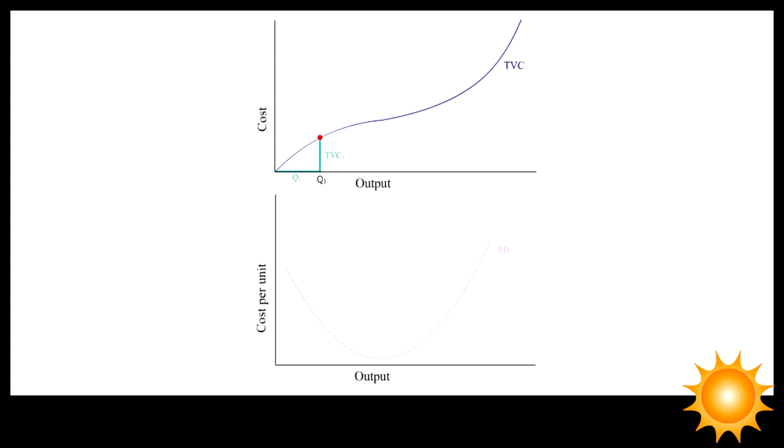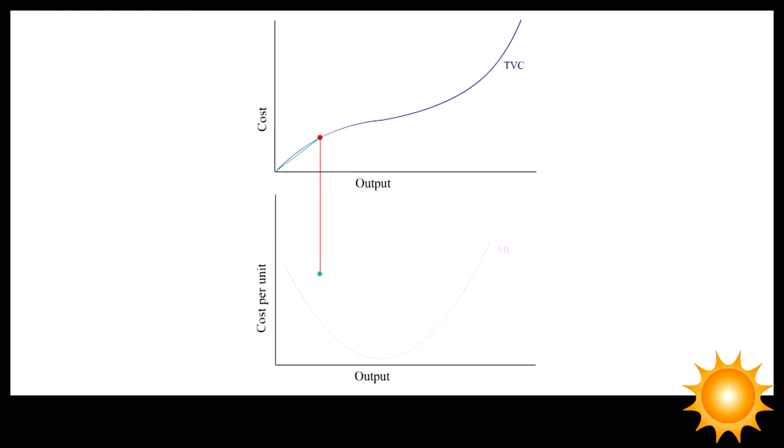Since TVC1 divided by Q1 also measures the slope of the ray from the origin to TVC, the ray slope provides a visual indication of the numerical value of AVC, whereas MC is the slope of the tangent at that point. MC1 is below AVC1 because the slope of the tangent, MC1, is flatter than the ray slope from the origin, AVC1.